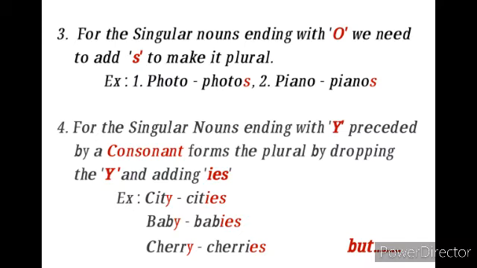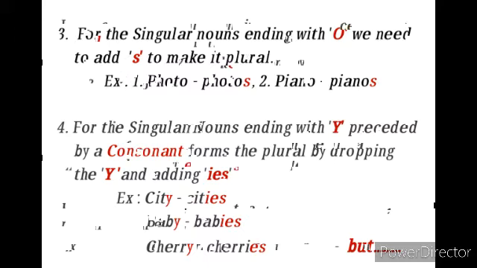So you can drop out Y and add IES to make it plural. Cherry. Cherry is ending with the letter Y, wherein we can see the letter before Y is R. R is again a consonant. So you can drop out Y from cherry and add IES to make it a plural noun.